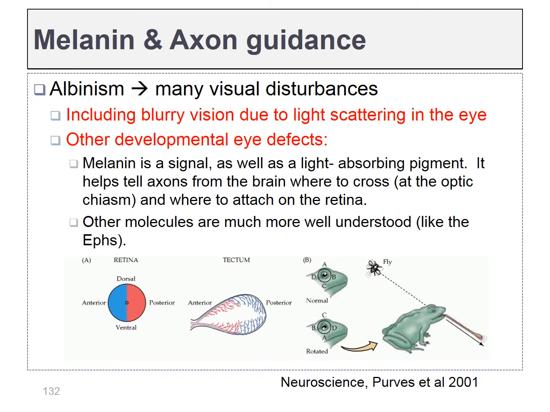And that's because melanin serves important roles in axon guidance. It helps instruct axons where to grow and connect. That's probably what it was doing there in the midbrain when we learned about substantia nigra and Parkinson's disease.